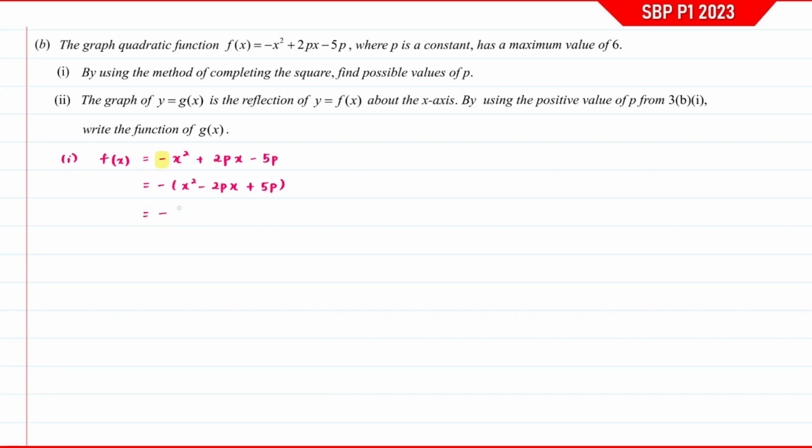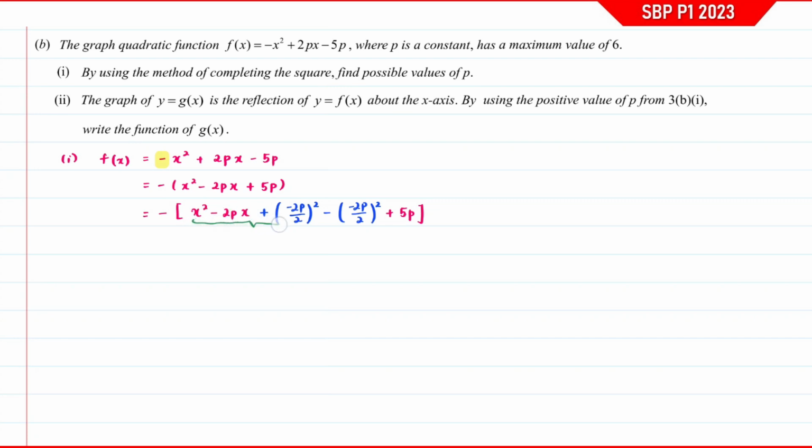Next, it will be negative bracket x squared minus 2px. So here we're going to add in b divided by 2, which is negative 2p divided by 2, and then square. Then minus the same thing, negative 2p over 2 squared, followed by plus 5p.